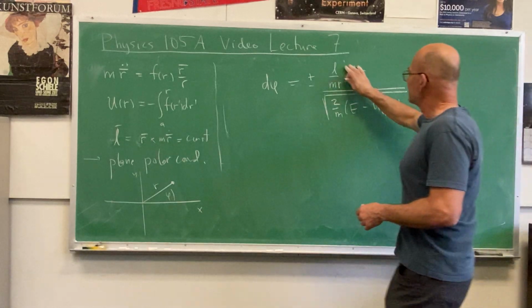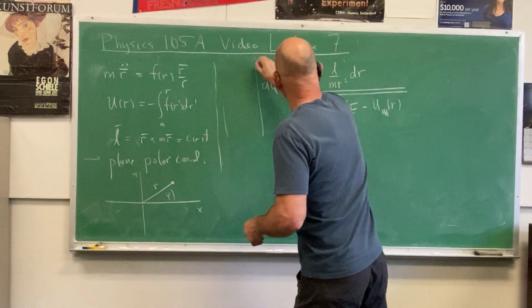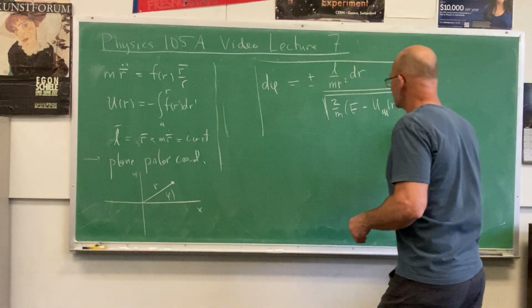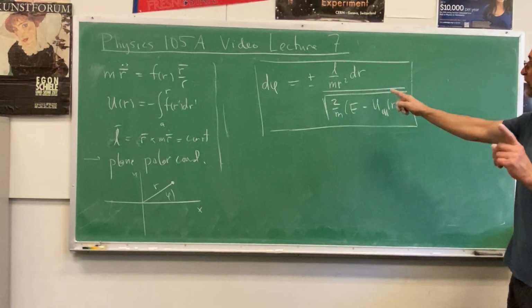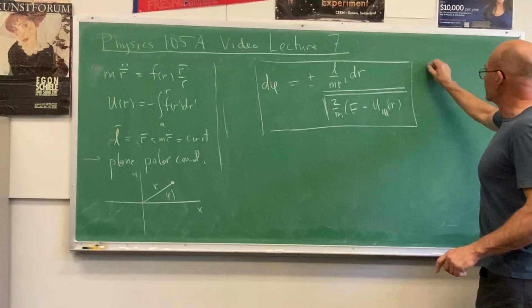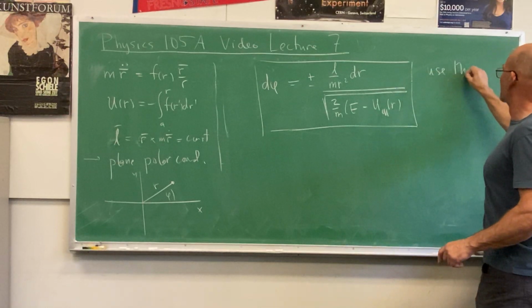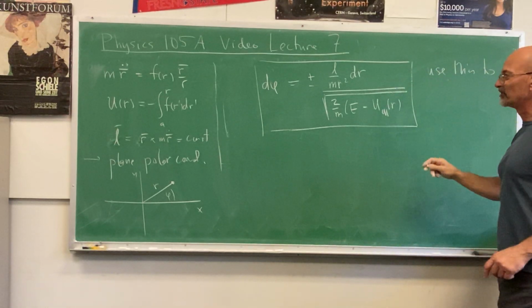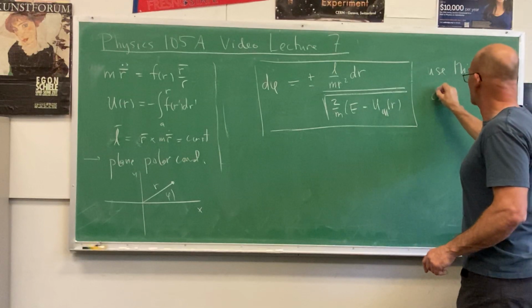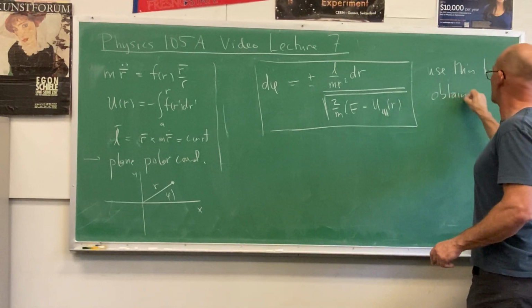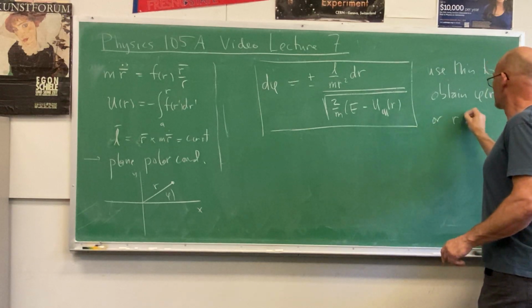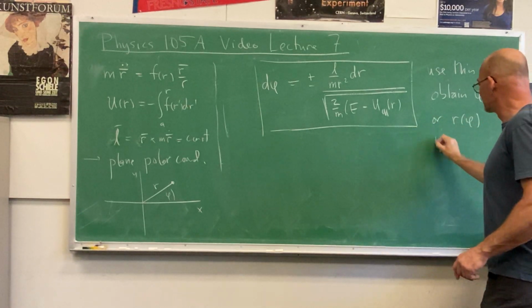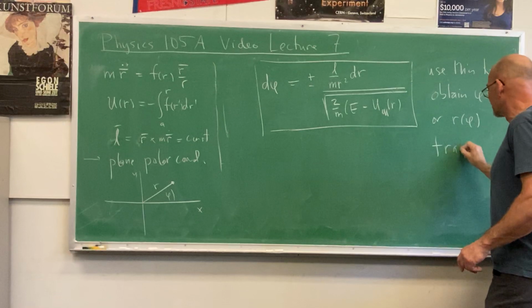This is the basis of our solution for the trajectory. The time has been eliminated. We're going to use this to obtain phi of r, or r of phi, which is to say the trajectory.